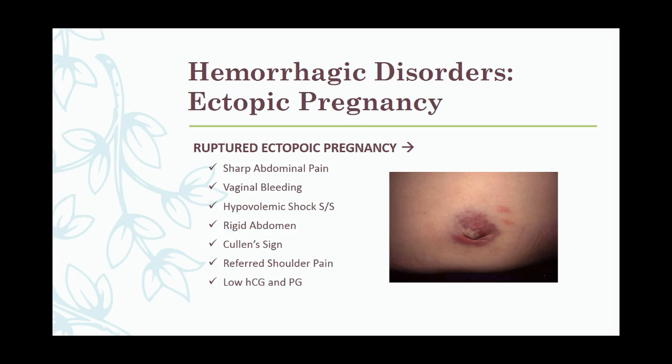These people also may complain of referred shoulder pain. So they have that very sharp abdominal pain and then also a referred pain in the shoulder. When you do a pregnancy test, they will have low HCG and progesterone.